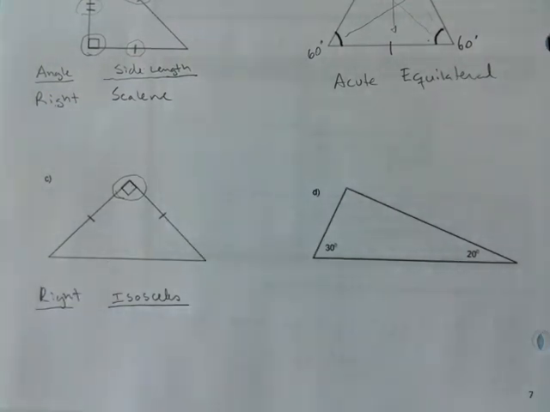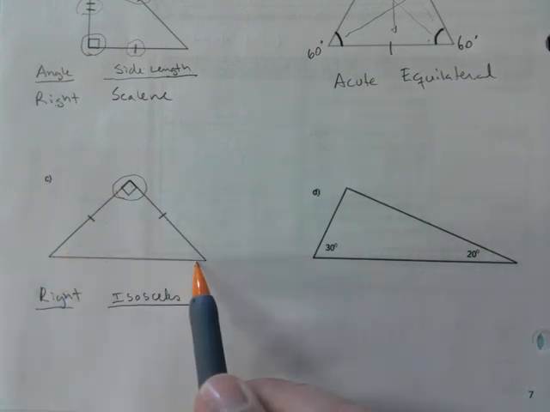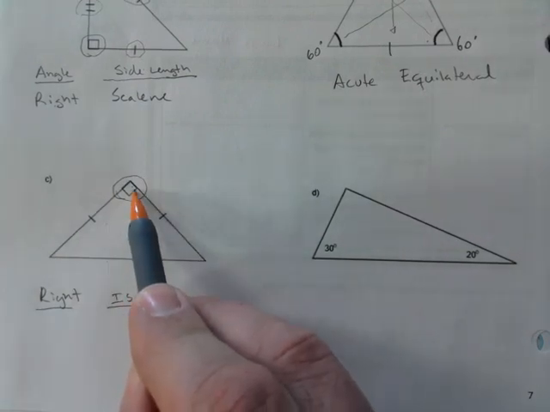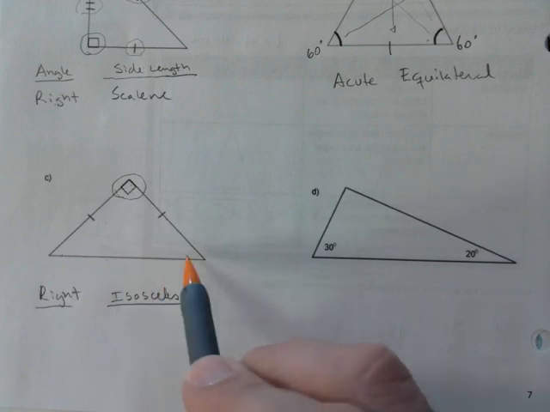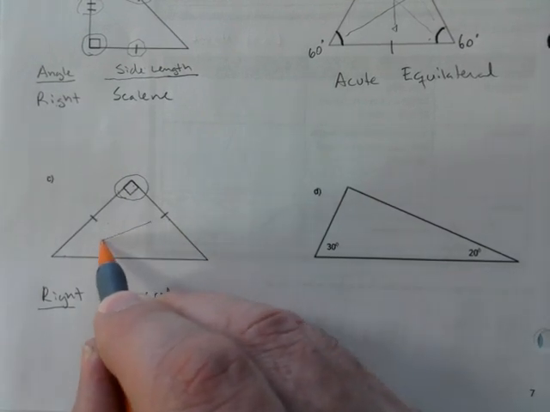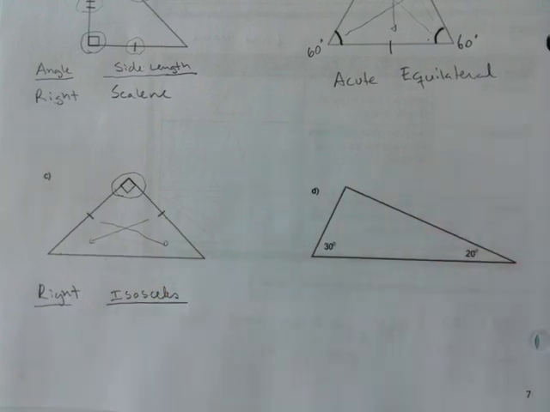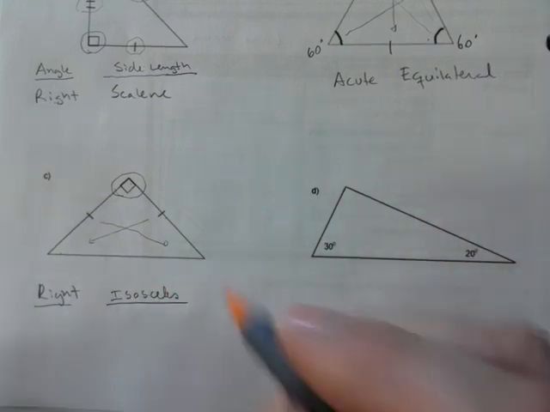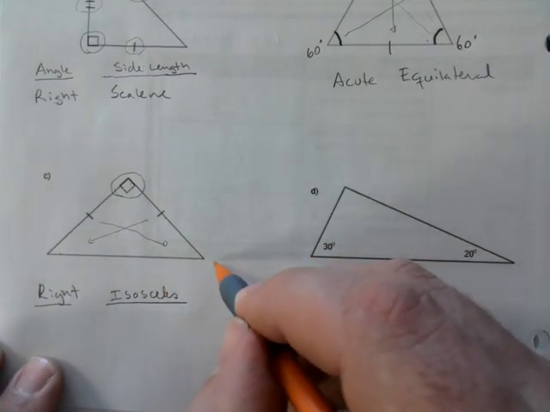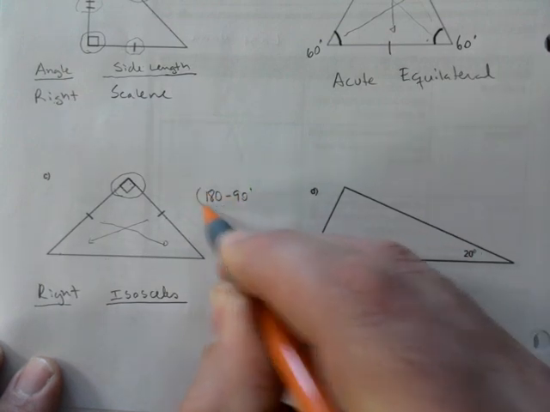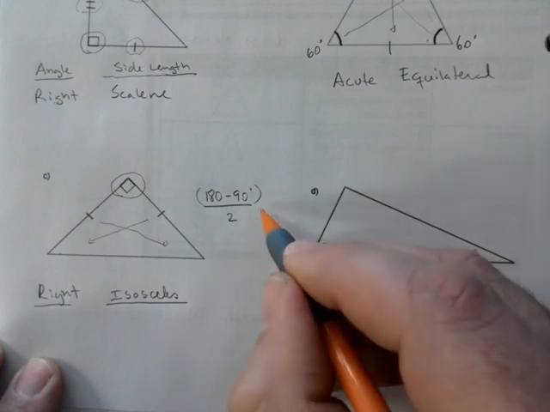Do we know what those two angles are that are not there? 45, right? Because if this is 90, take that away from 180, you split the remaining in half because you know that if these two sides are equal, then the angles across from them will be equal as well. So I can say I'm going to go 180 minus 90, divide that by 2.